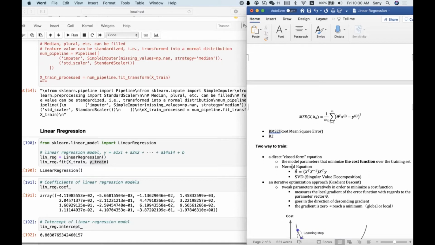Now, for linear regression, the first way is the normal equation, also named the least square equation. But it will cost you computing resources dealing with this matrix.